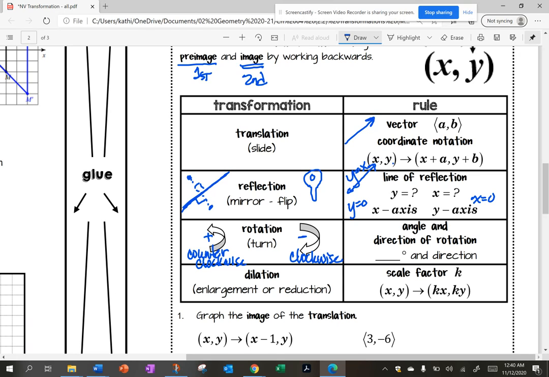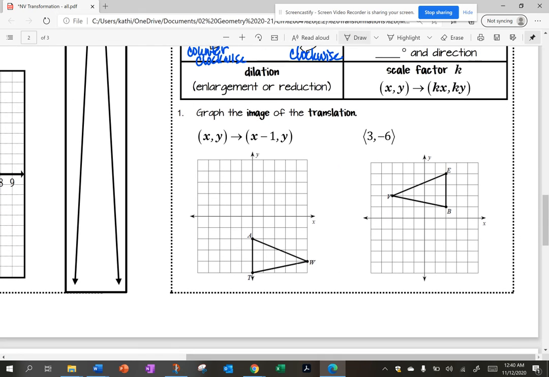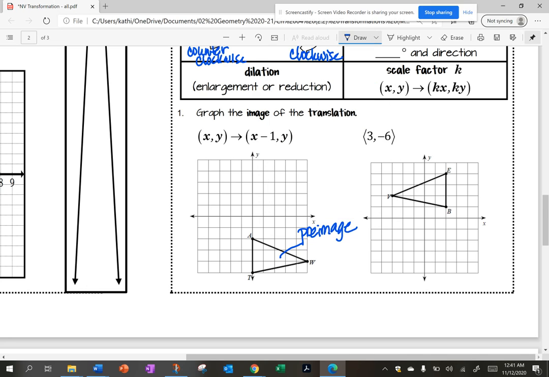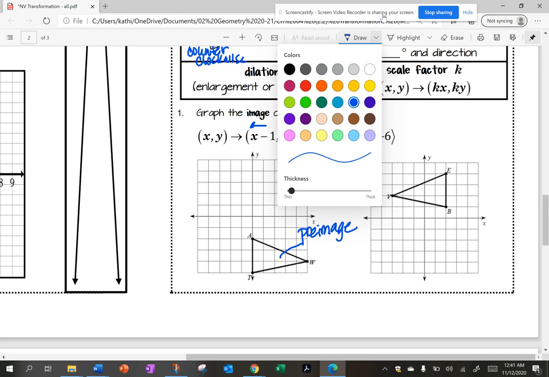All right, so let's do a couple practice problems here. All right, let's graph the image of the translation. So looking at the first one is called the pre-image. So the image is telling me from the rule here that I'm going to take each vertex and go left 1.